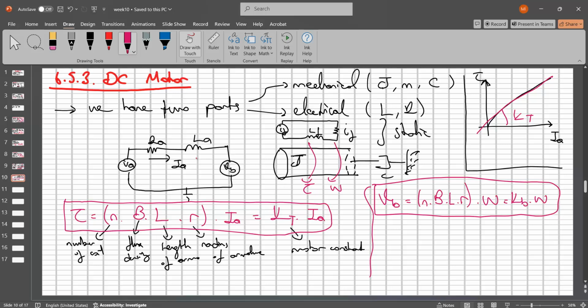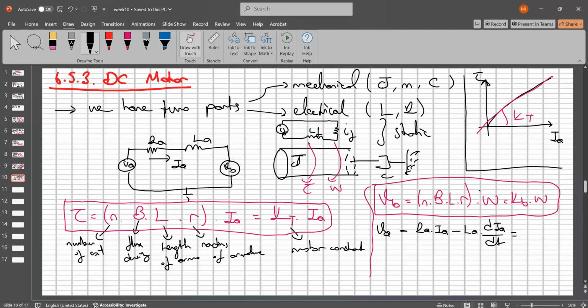So we can build this model based on this information. First of all, we can write that. If we apply the VA, armature voltage, in here, just like this one, minus RA, which consumes energy, RA times IA, and the other consuming part, LA times dIA dt, must be equal to the what?